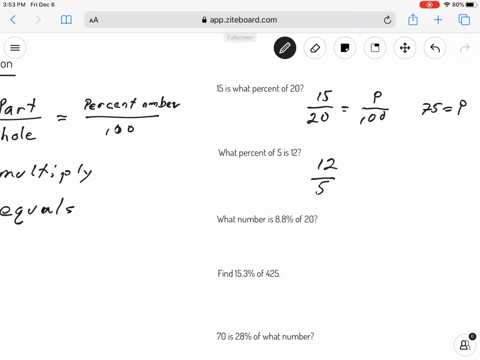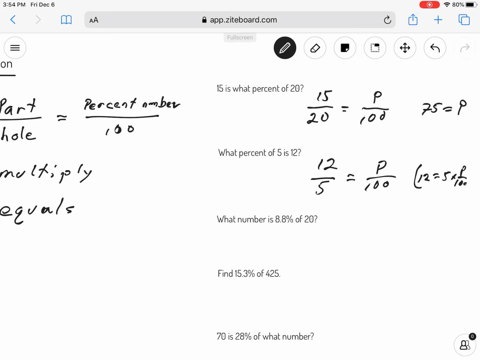My 12 is the part, and I'm trying to figure out the percent. If we did this multiplication, we'd be saying 12 equals 5 times P over 100, okay? But now we just want to go ahead and solve for P.